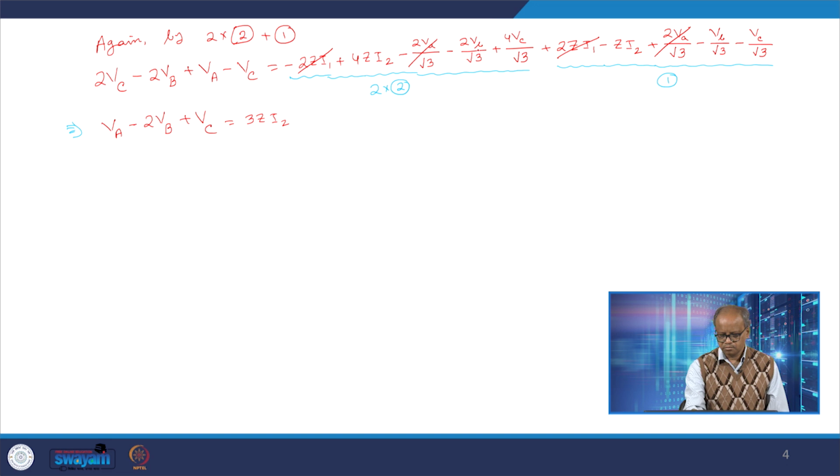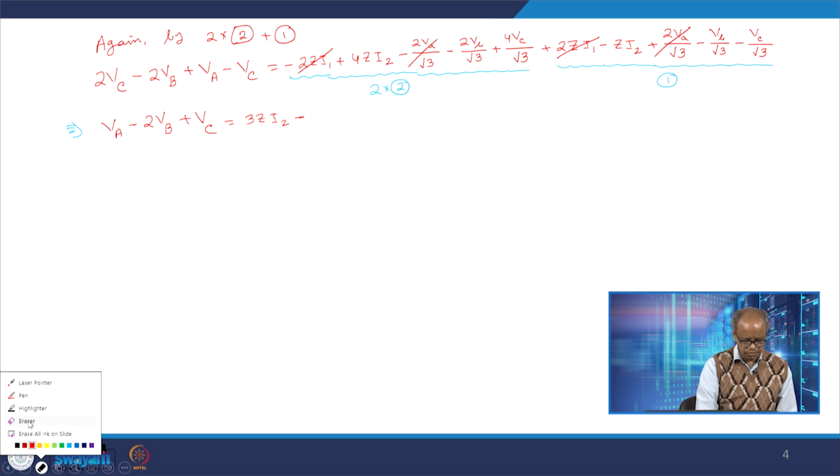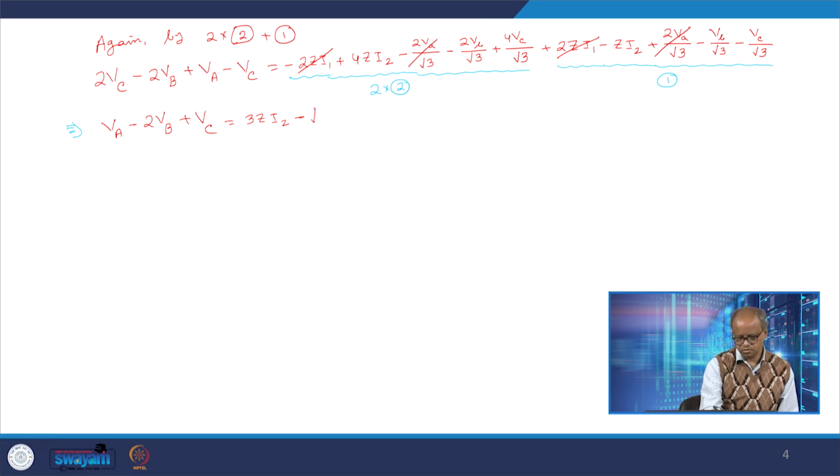And then minus 2VB and minus 3, so it is minus 3VB by root 3, that means minus root 3 into VB. And then plus 4VC minus, so plus root 3 into VC.